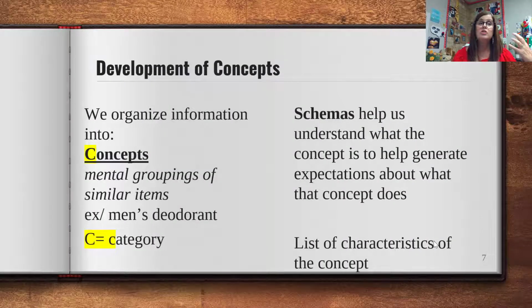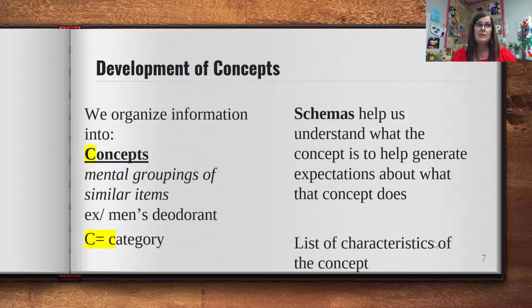So when we look at concepts, we have to organize information into a concept. So for instance, men's deodorant would be a concept. It's a category. But going a step further, a schema is going to help us understand what the concept is so that we can generate expectations about what it does.